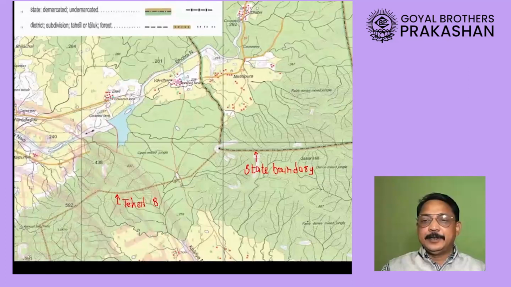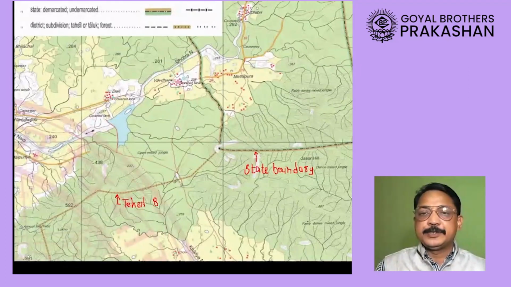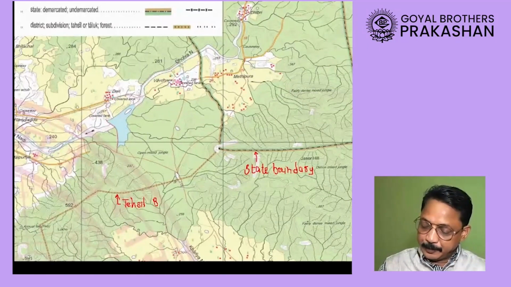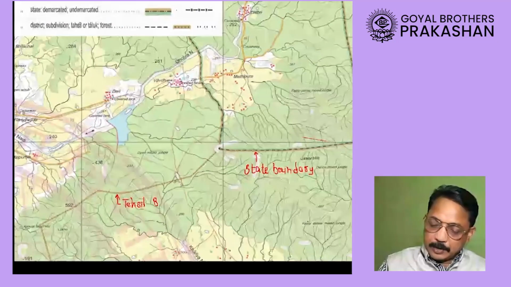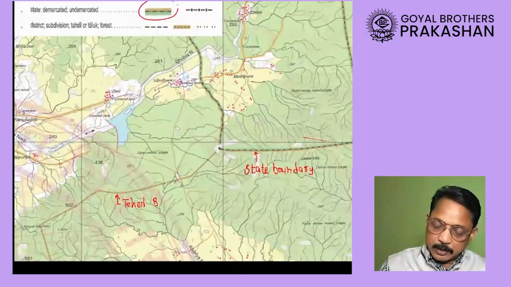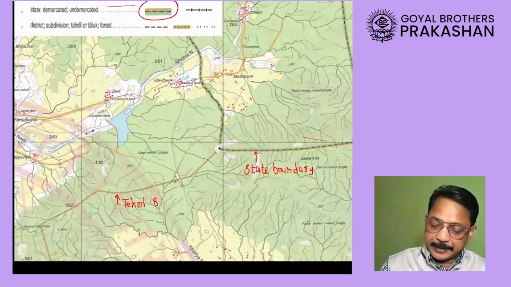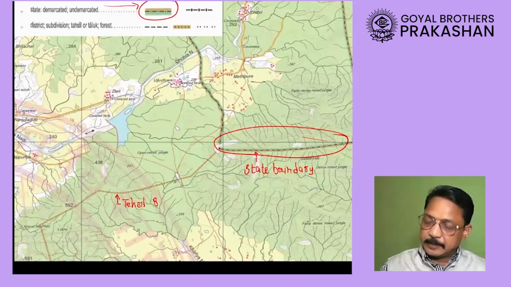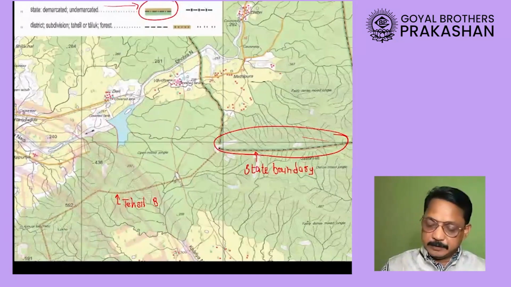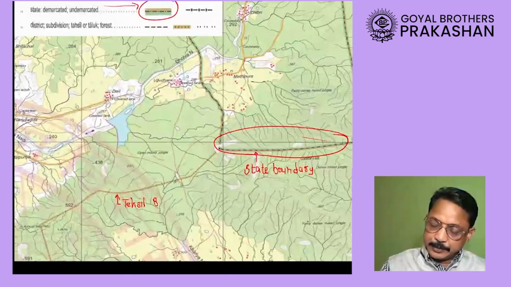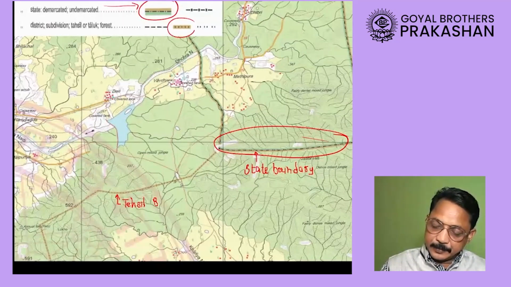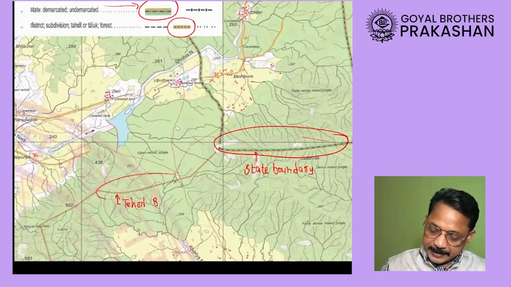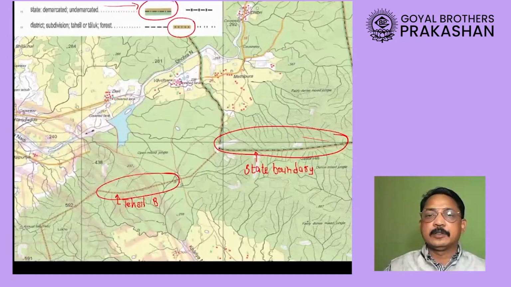Dear students, some more features. On a topography map you will find this symbol here. It is called a state boundary. Then sometimes another boundary is shown here, which is the tehsil boundary or taluka boundary.